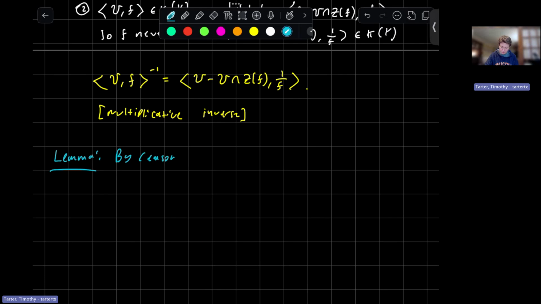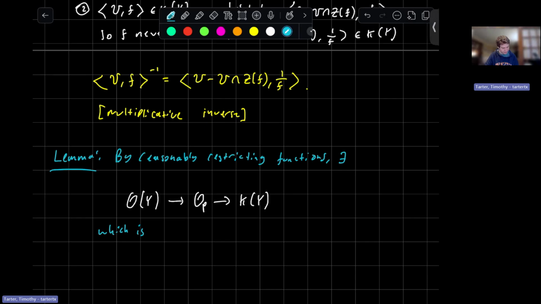By reasonably restricting maps, we get a chain O of Y into the localization at P into K of Y, which is injective.